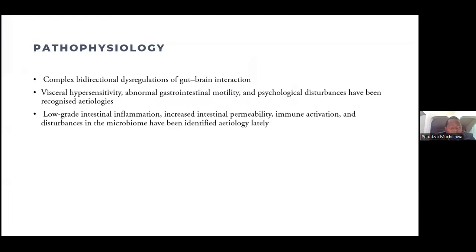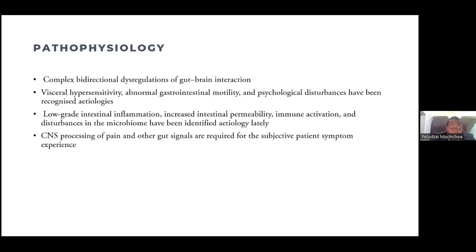Low-grade intestinal inflammation, increased intestinal permeability, immune activation, and disturbances in the microbiome have been identified as etiologies as of late.